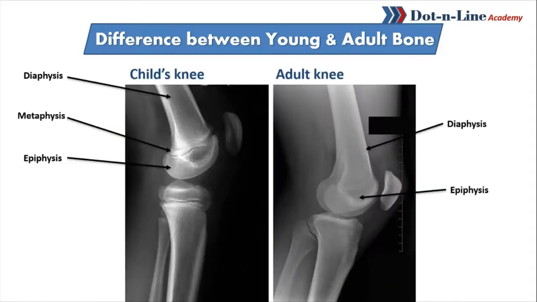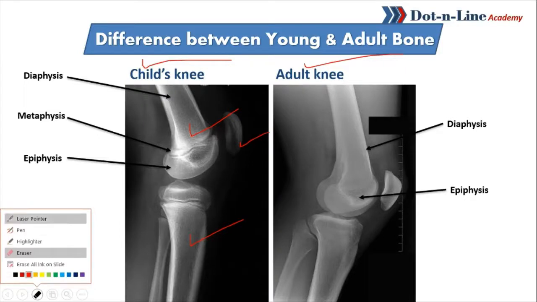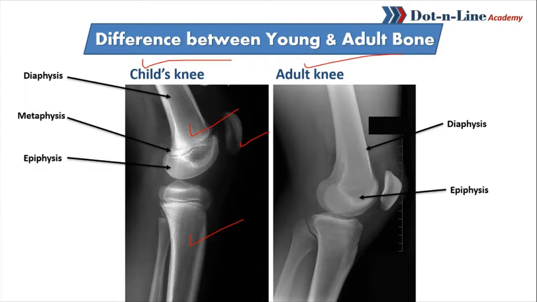So let's consider this X-ray. This is a knee, this is the femur, this is the tibia, this is the patella. It is a child's X-ray and it is an adult's knee X-ray. You can see this line. This line is the epiphyseal line, the end of the metaphysis. Why does this line appear in the X-ray? The reason is that X-rays reflect back from solid structures, that means the calcareous bones, but not the soft structures.